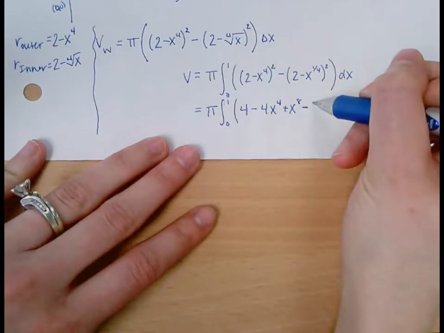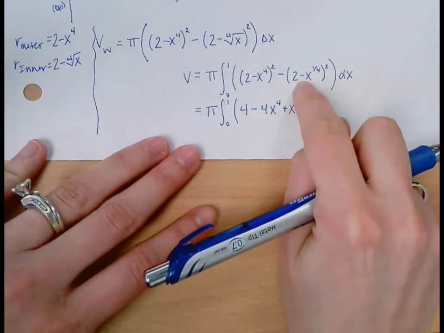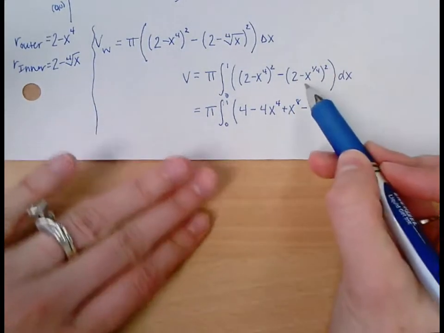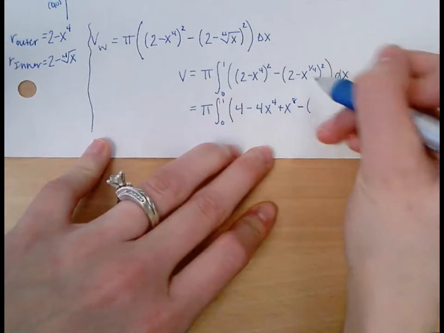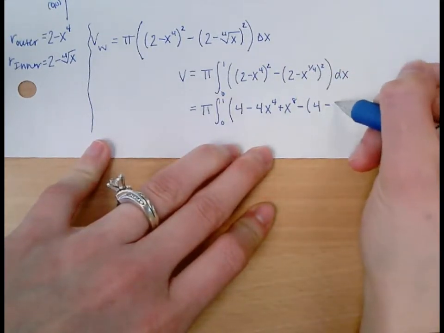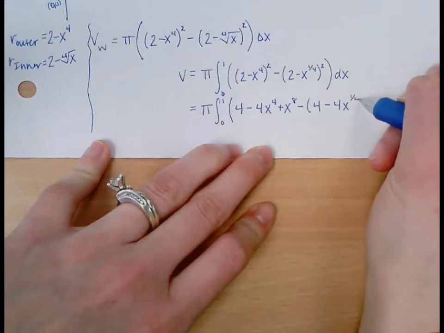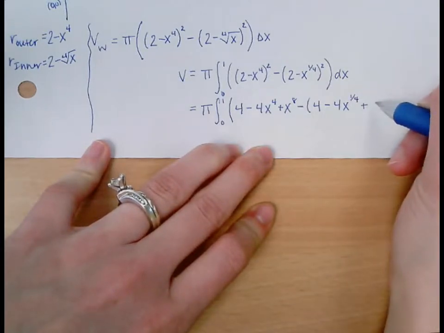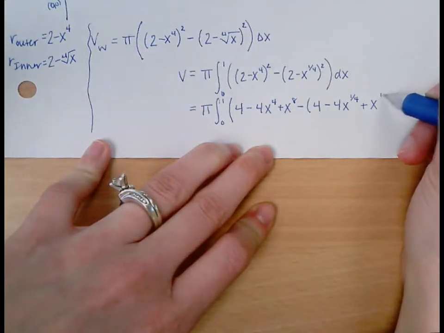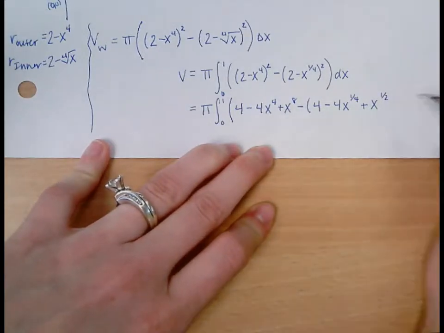And then I would be subtracting, I'm going to put this one in parentheses because I'm subtracting the entire quantity. So I'm subtracting, if I FOIL this one, I would have 4 minus 4x to the 1/4 plus x to the 2/4.